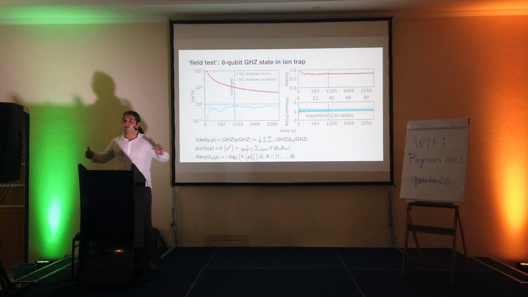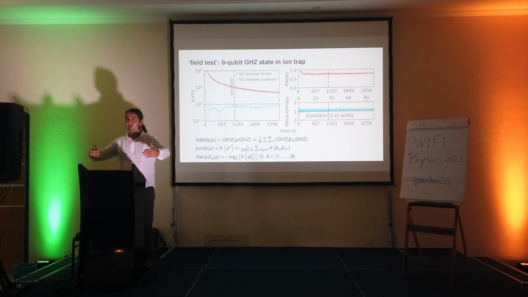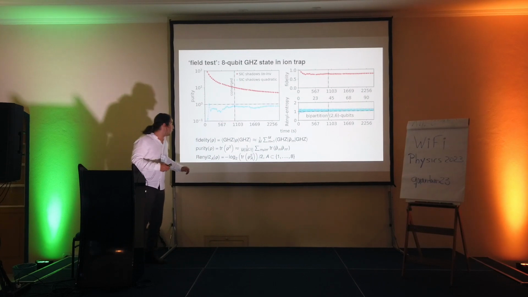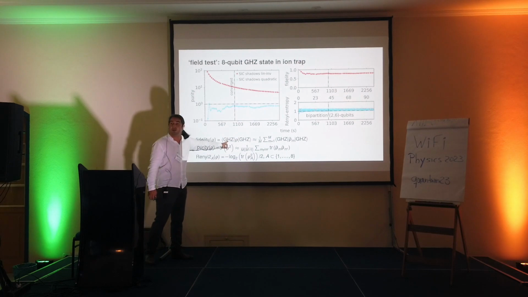And they did exactly what I told you. They prepared the 8-qubit GHZ state, then they did local random rotations, then they got the bit strings, and then we constructed Monte Carlo approximations, Monte Carlo estimators. And we used these Monte Carlo estimators to directly compute the fidelity with the GHZ state. So this is typically the target fidelity of how good the state preparation is.